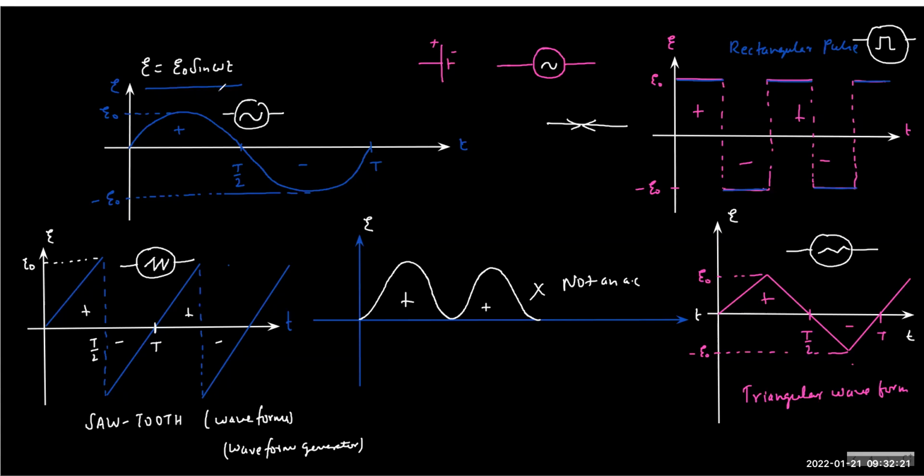So we write the EMF as E naught sine omega t, and we call it a reference. And we try to check the current value in reference to the voltage value. Any phase shift we represent by adding a phase shift called phi.